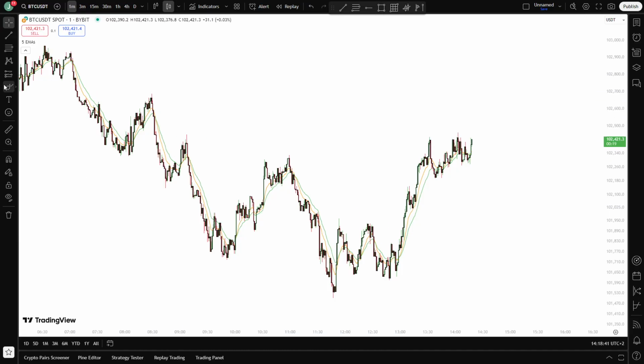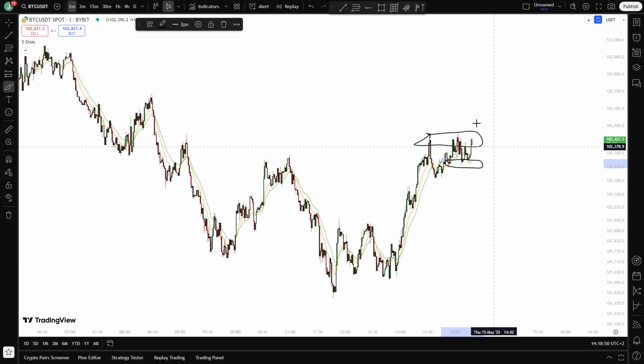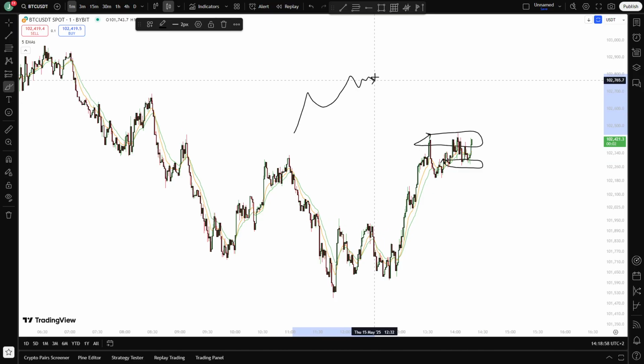Okay. Now, let's again look at this little part that we were just talking about. You see, we are still making higher lows, meaning that this staircase is still slowly grinding up. Even if it comes here, it is still grinding up, right?